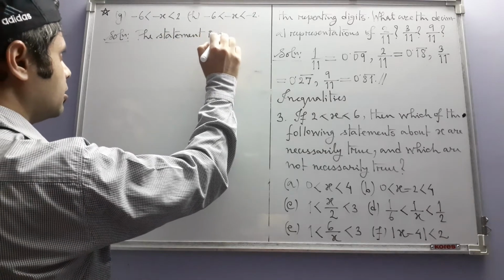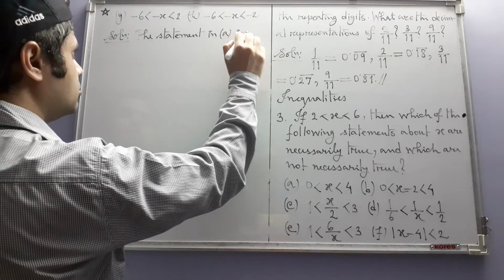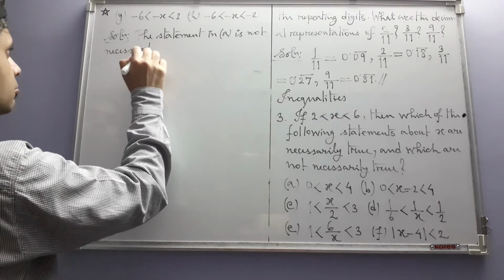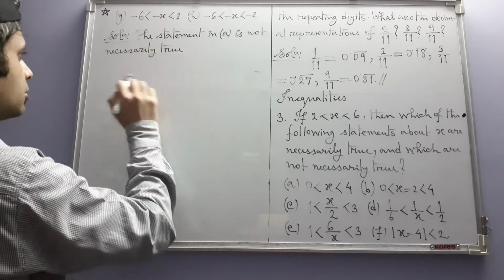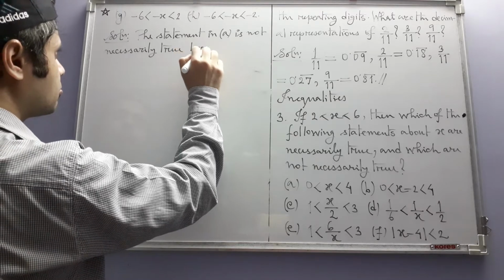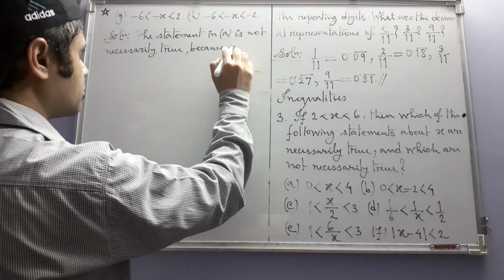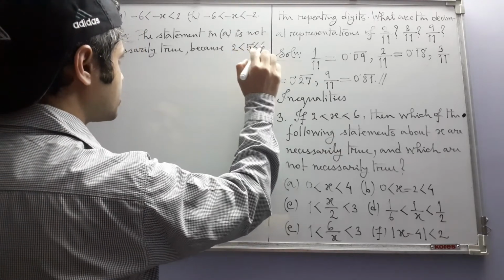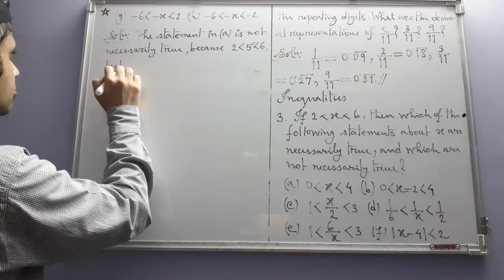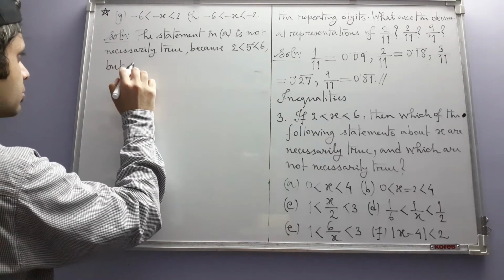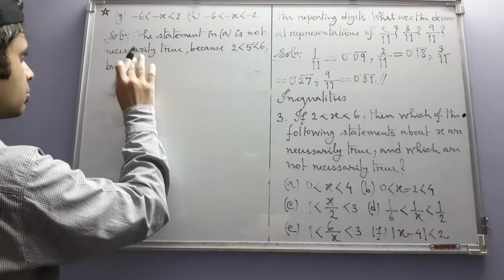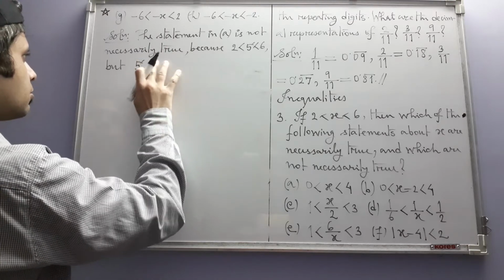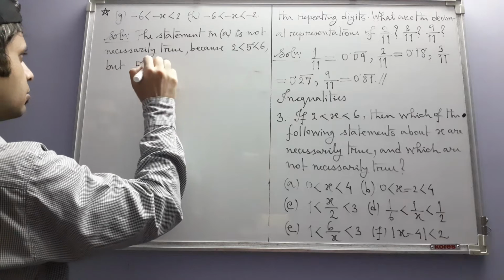The statement in A is not necessarily true because 2 is less than 5 and 5 is less than 6, but 5 is not less than 4.